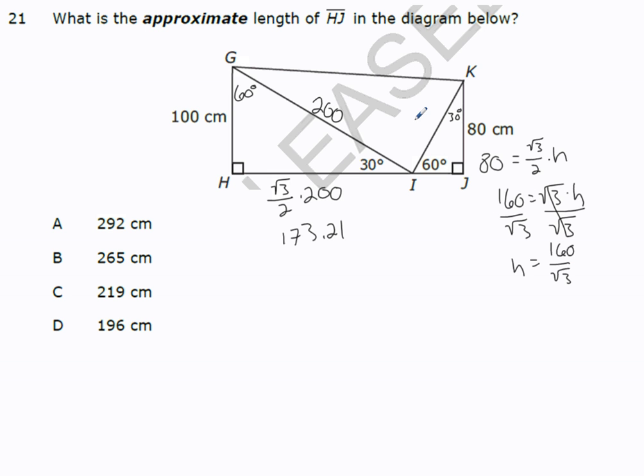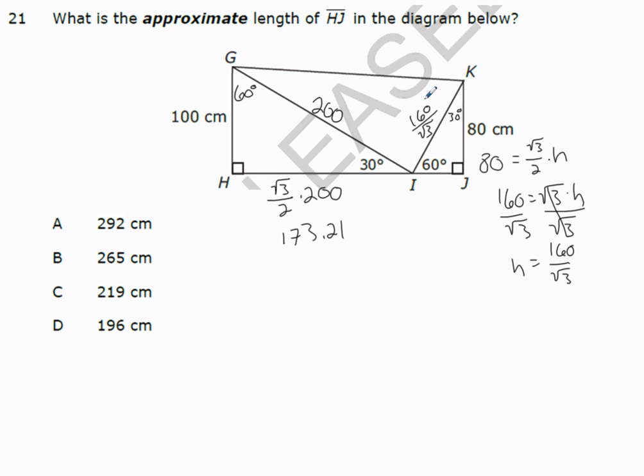Alright, now, that's not going to help me figure out the side HJ though. I need to figure out IJ here. Well, IJ is the side opposite 30, so it's going to be half of 160 divided by the square root of 3.